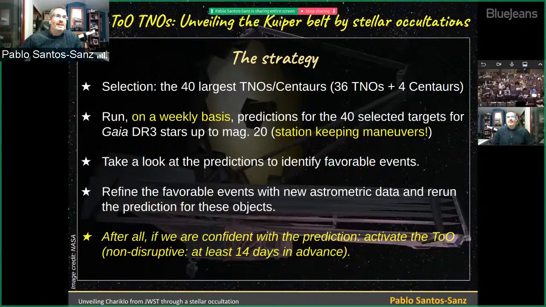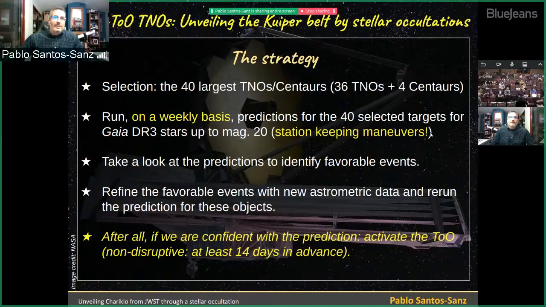First, we selected 40 of the largest TNOs and centaurs, and we ran predictions on a weekly basis for these objects using Gaia DR2 for the position of the stars up to magnitude 20. We did that on a weekly basis because of these station-keeping maneuvers that happen from time to time and, as I said, modify the orbit of James Webb.